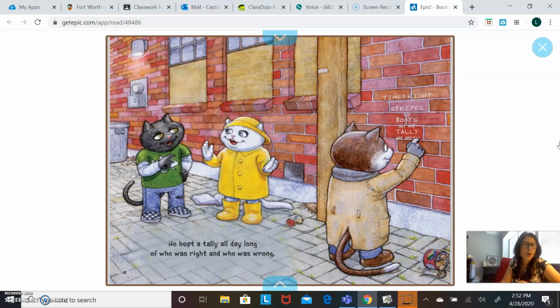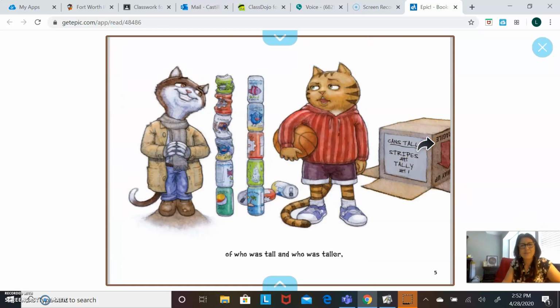He kept a tally all day long of who was right and who was wrong. Let's look at this. Tom's right, Stripes, Boots, Tally. Those are the 3 people that he's keeping marks on. Of who was tall and who was taller. Right here. Tom's tall. Here's his tally.